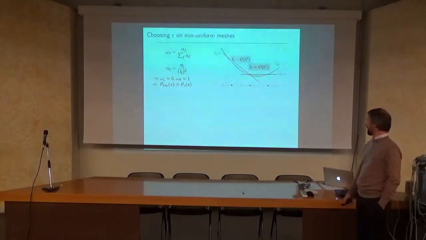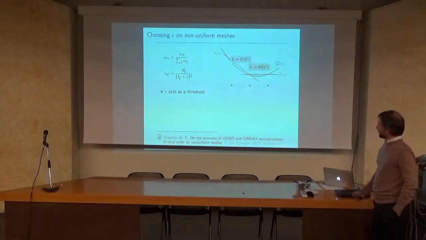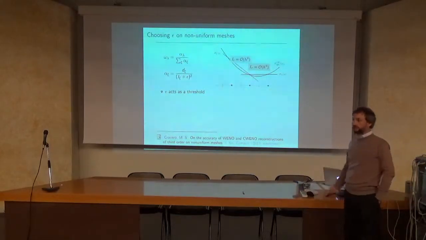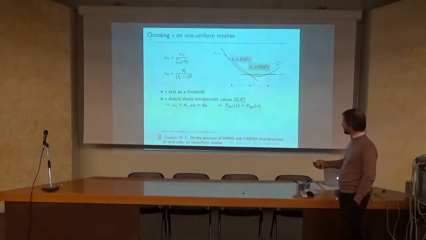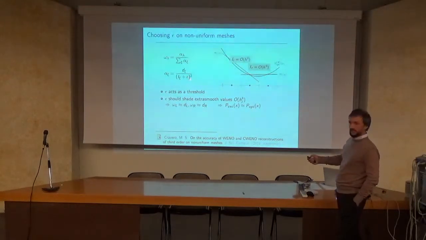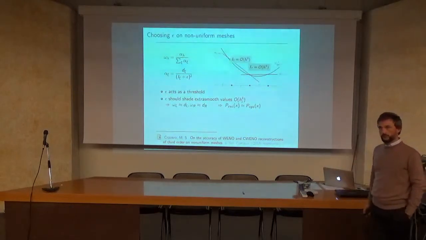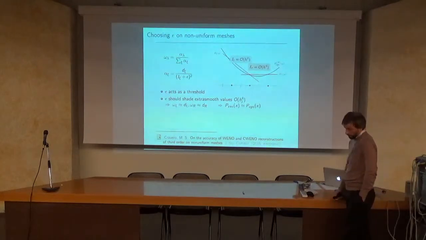It's a pity to lose accuracy here, close to a local extremum. So the epsilon there, its role is really the role of a threshold. And its role as a threshold is to shade away these extra smooth values. So this epsilon here should be bigger than h to the power 4, but not too big in order to preserve the non-oscillating properties close to discontinuities.